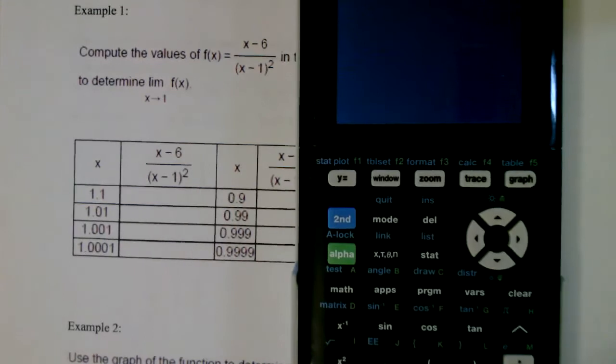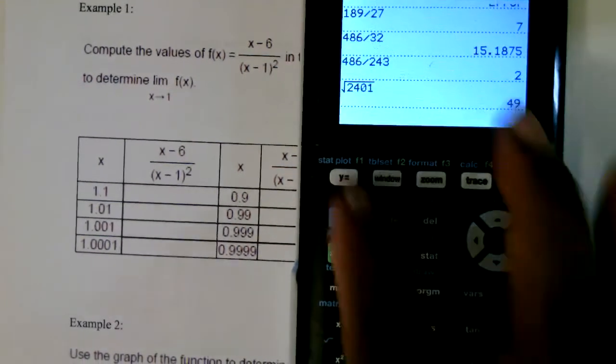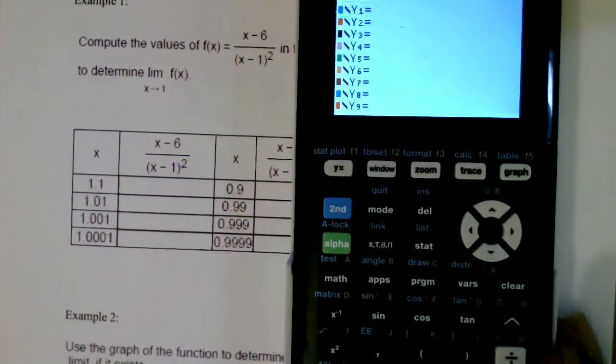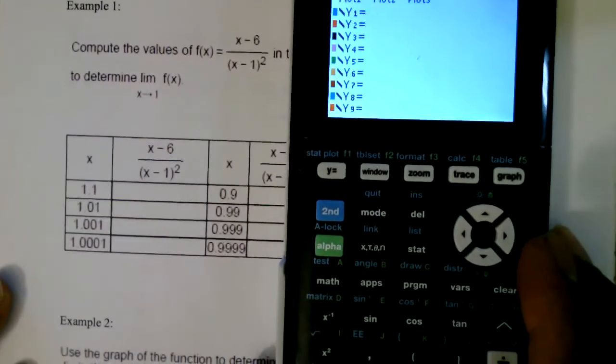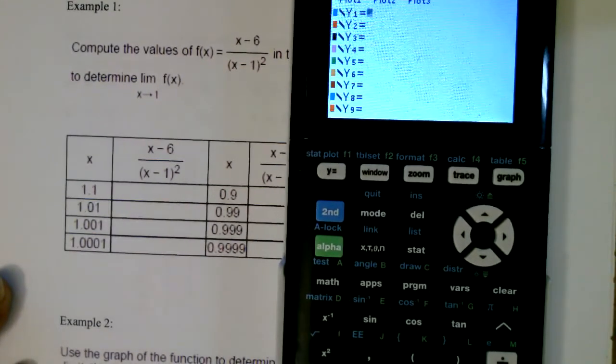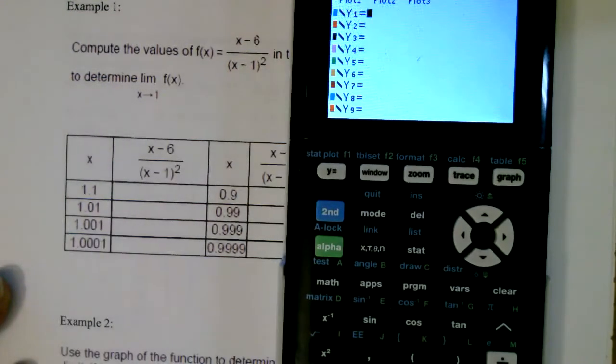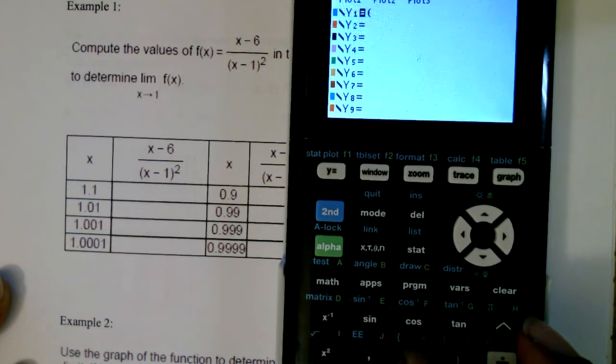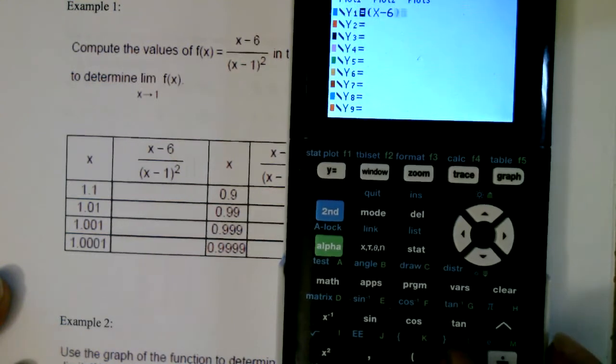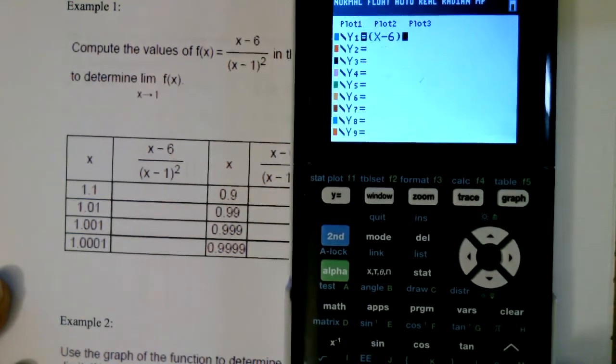So in the calculator, I'm going to go to Y equals, and you might need to clear out any equations that you may have in Y1, Y2, and so on. Now, the numerator and the denominator, we're going to put in parentheses. So for the x minus 6, I'm going to use left parenthesis, x minus 6, close parenthesis.